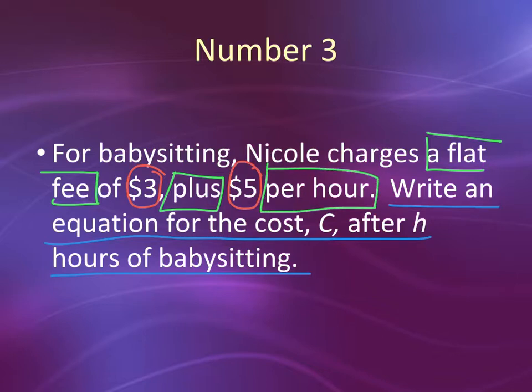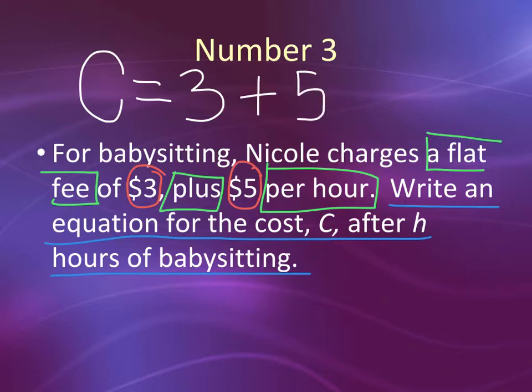So I want to know the total cost of babysitting after H hours. If she charges a flat fee, that means she's going to charge $3 no matter what. And then she's going to add $5 per hour. So my cost, depending on how many hours, is 3 plus 5H for Nicole babysitting.